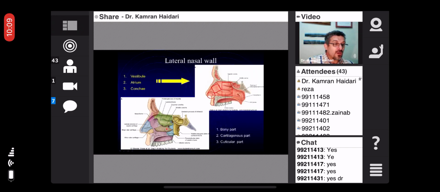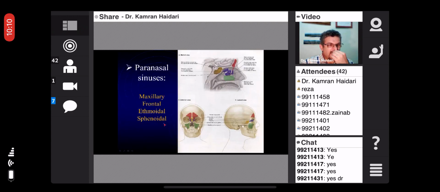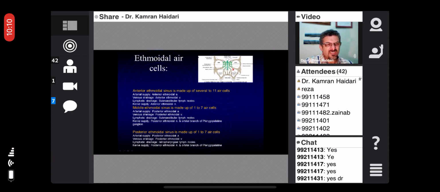In this picture I showed you, this is the medial surface of the lateral mass, and this is the lateral wall of the nasal cavity. And on the medial surface of the lateral mass, you've got a superior concha and a middle concha.